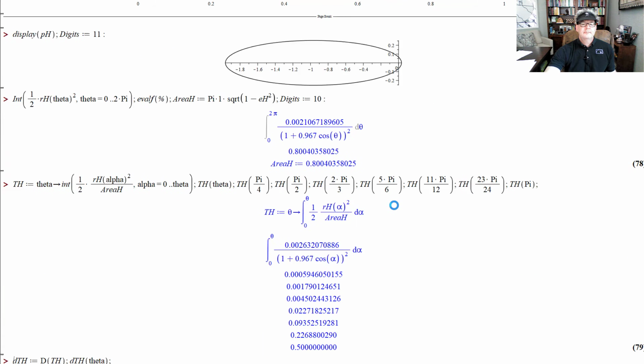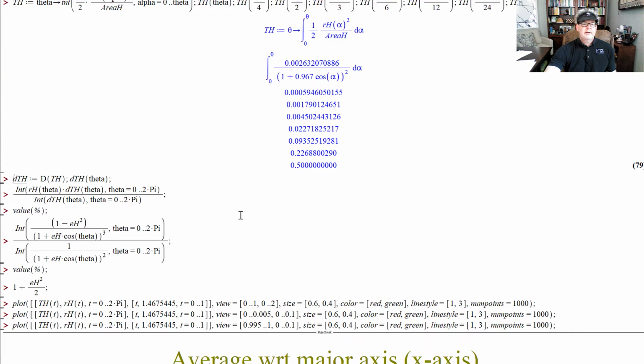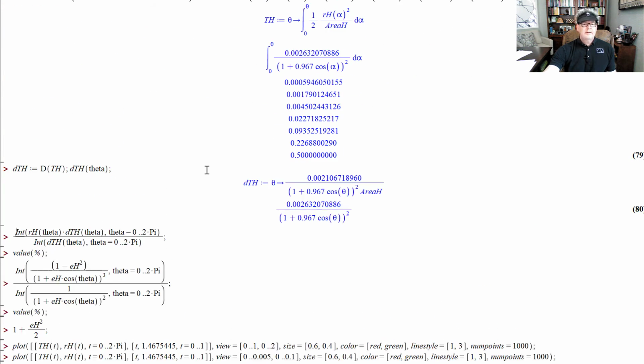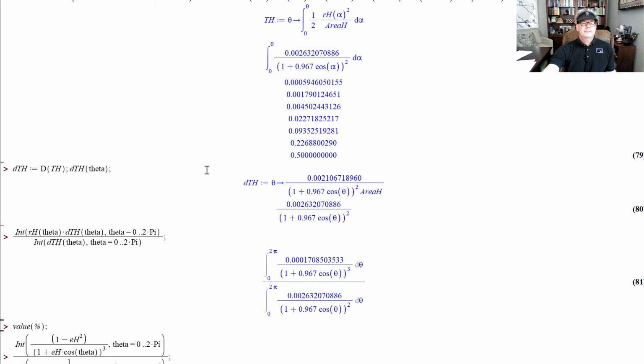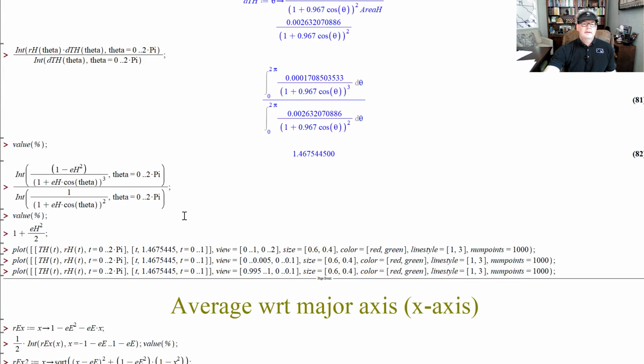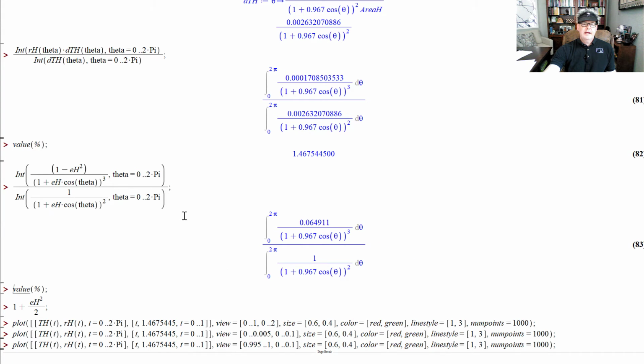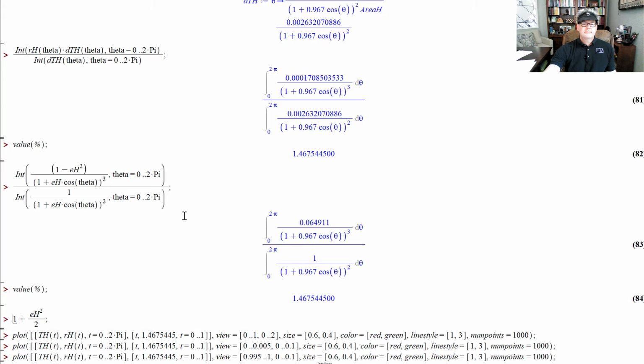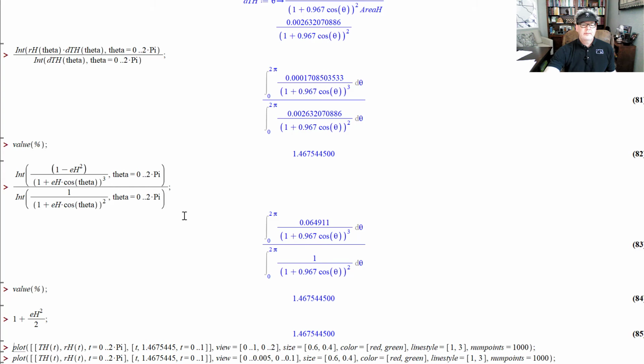Integral for different times, dt in terms of d theta. So there's the average value then for Halley's Comet, or integral of r cubed divided by integral of r squared, same value, or 1 plus e squared over 2.